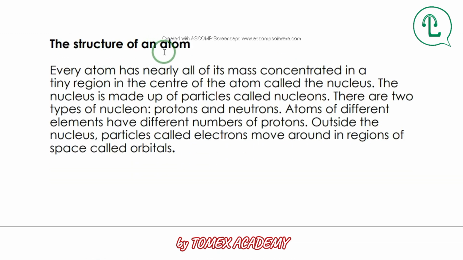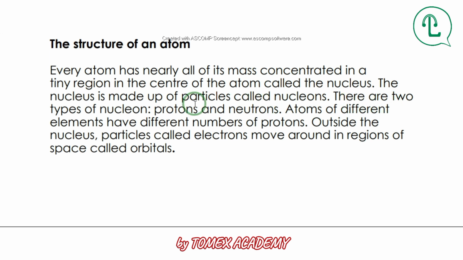The structure of an atom. Every atom has nearly all of its mass concentrated in a tiny region in the center of the atom called the nucleus. The nucleus is located at the center of the atom. The nucleus is made up of particles called nucleons.